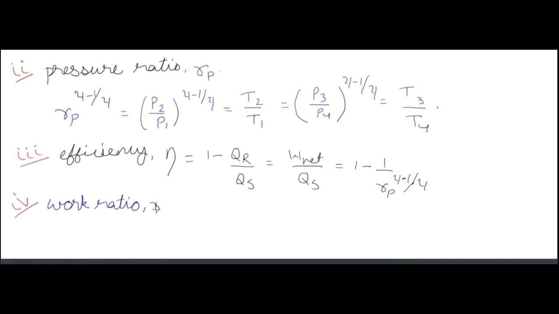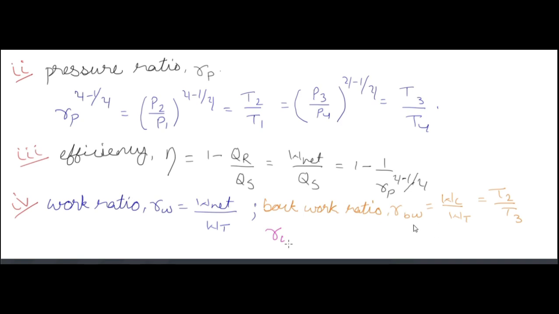Now work ratio is equal to net work output by work done by the turbine. Back work ratio is also there, so back work ratio is equal to work done by compressor by work done by turbine, which is also equal to T2 by T3.